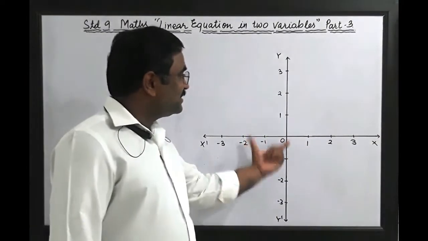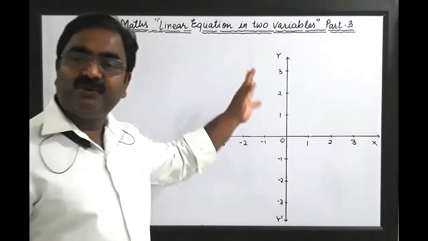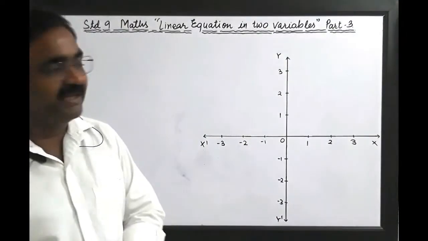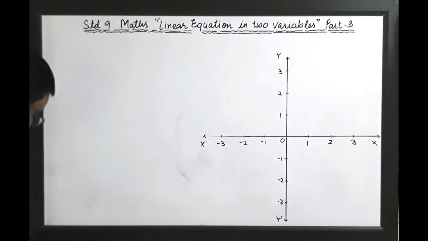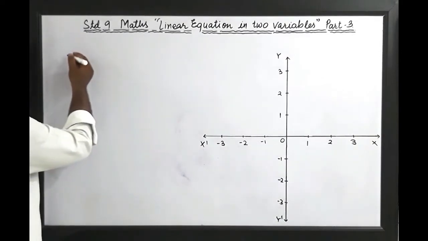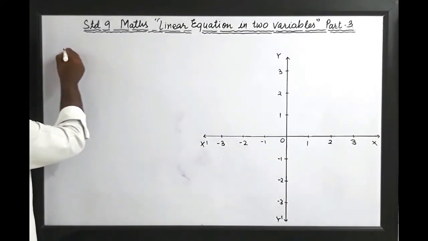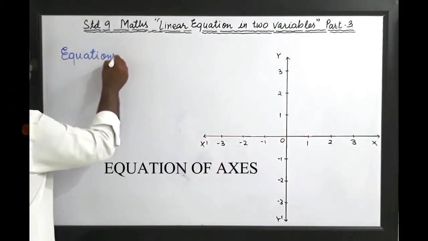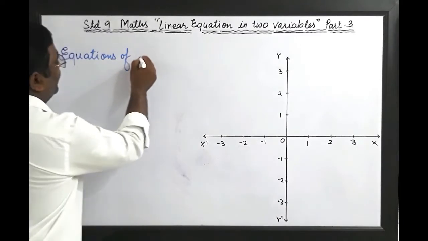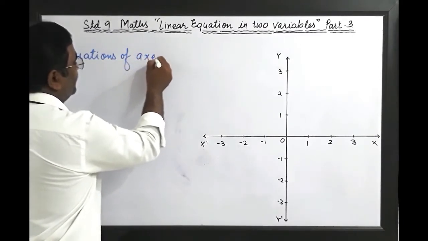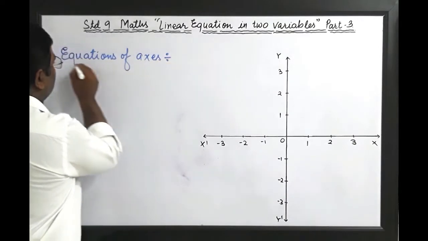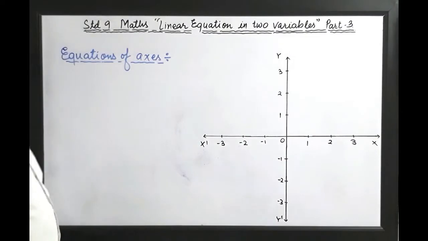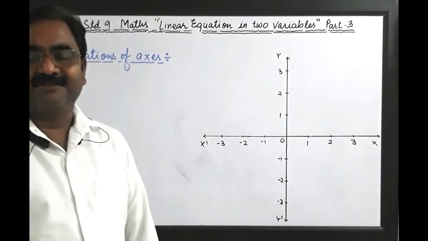The x axis and y axis drawn in this coordinate plane, in this Cartesian system, what are their equations? Let us understand this first. So we are going to learn the equation of x axis and the equation of y axis also.